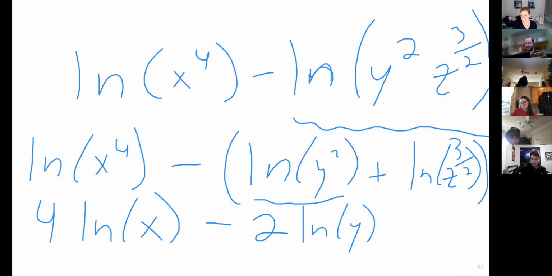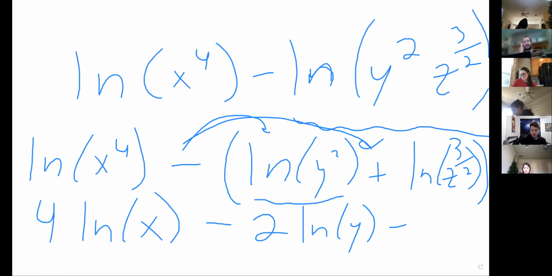And if I drop my parentheses, I'm distributing this thing. So this thing should also be subtraction. And so if this is ln of z to the 3 halves, how can I rewrite that? It was the 3 halves. 3 halves ln z.